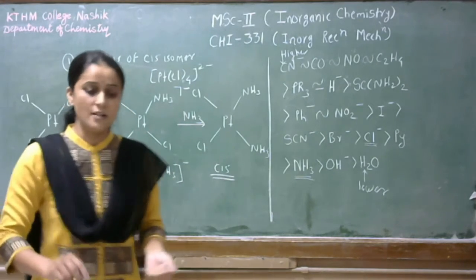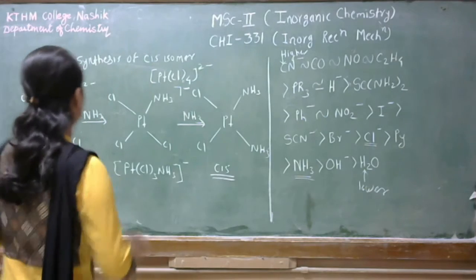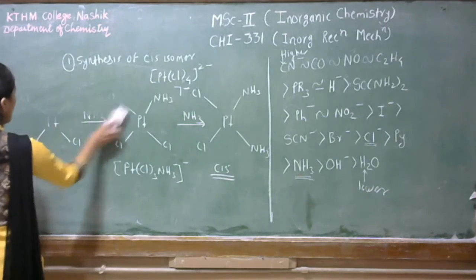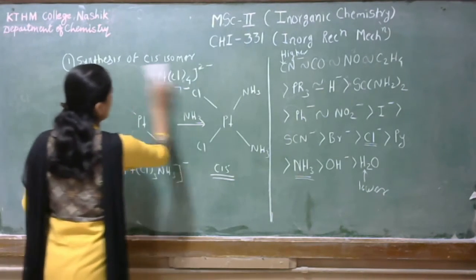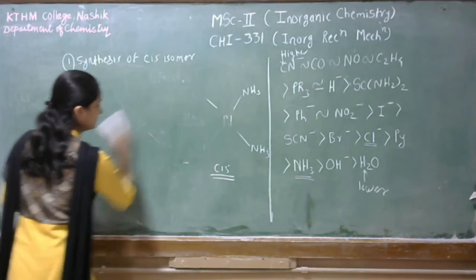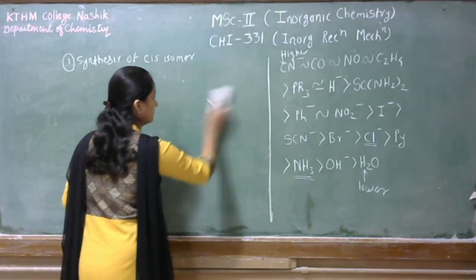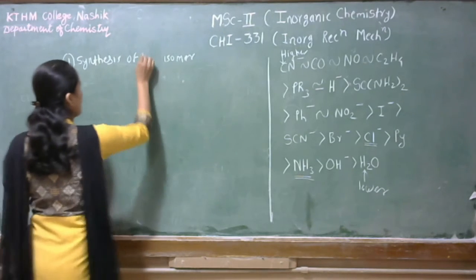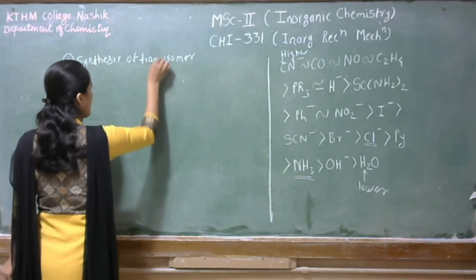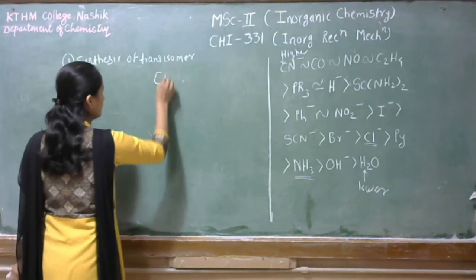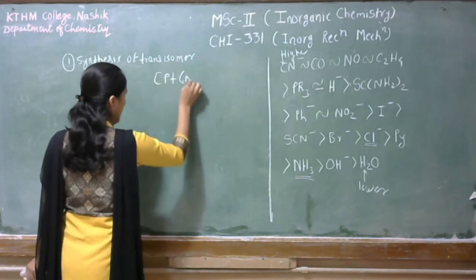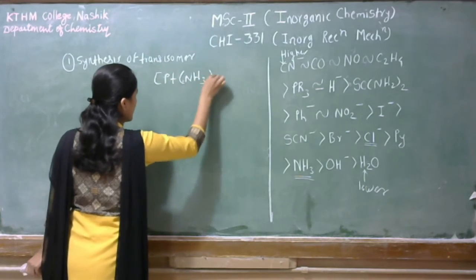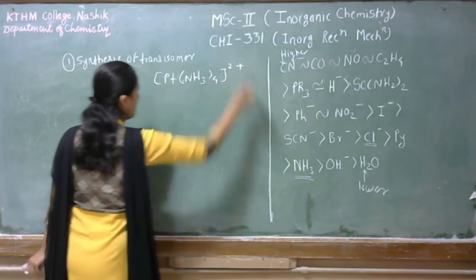Okay, let's see the trans isomer, the synthesis of the trans isomer by Pt(NH3)4 2 plus.